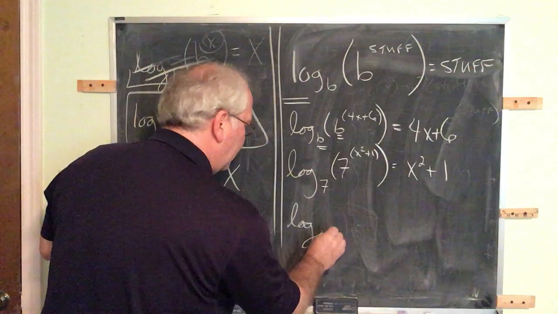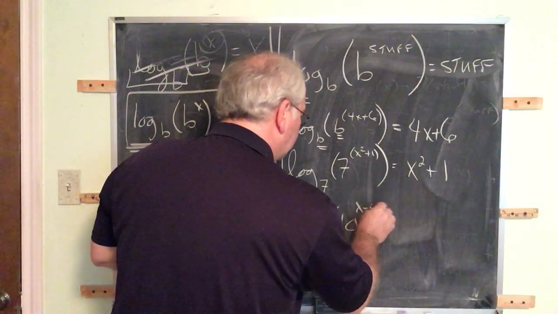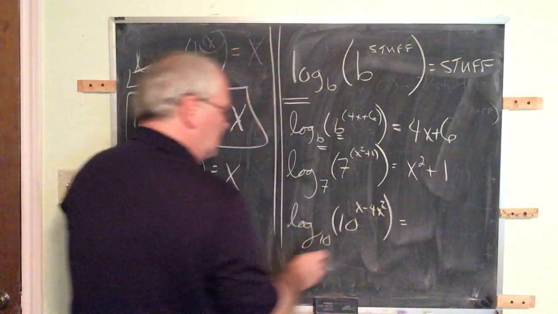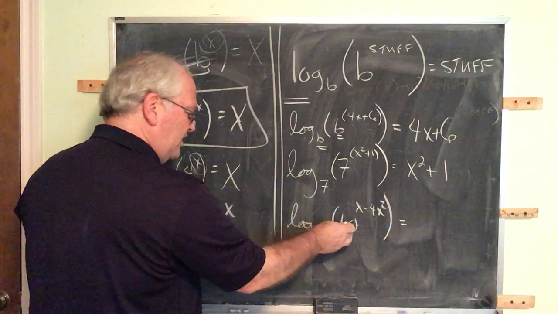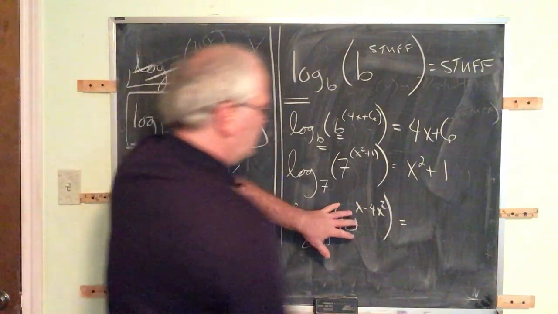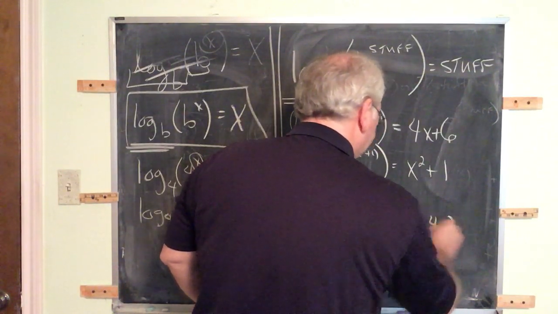Log base 10 of 10 raised to the x minus 4x squared: as long as the bases match, they cancel, and you're left with, in parentheses, x minus 4x squared.